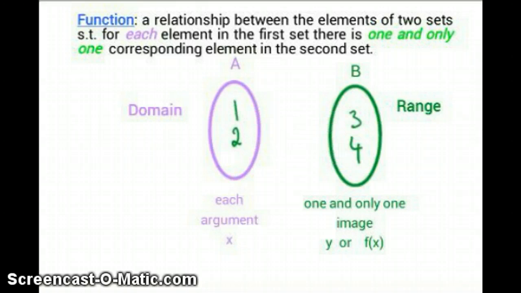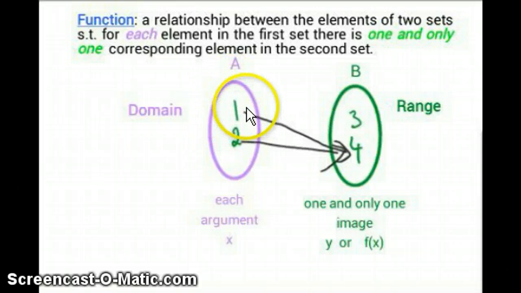So how about now? If I represent this, is this a function? Well, if your answer was yes, you're right. It is a function because every single argument has one image, and only one, not more than one image.